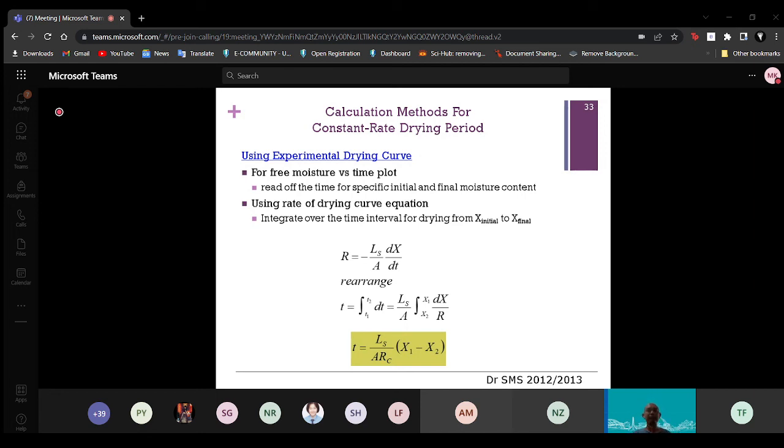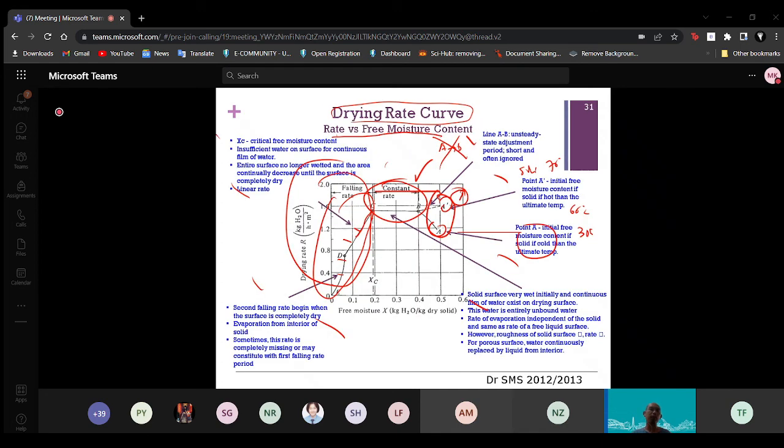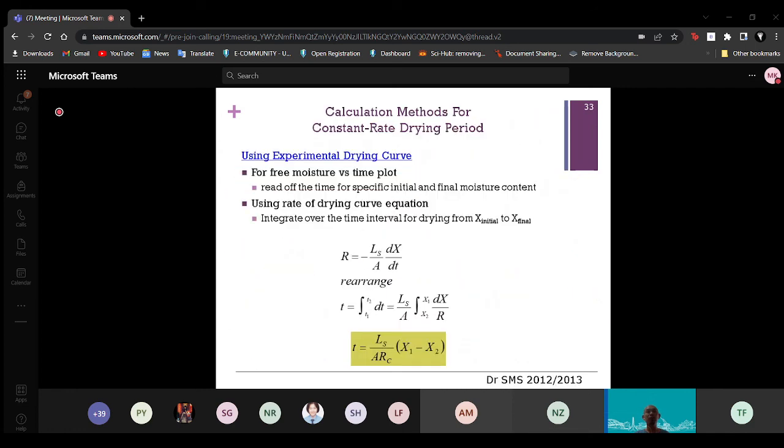Okay, so once we know all this, how to plot the graph, what the situation is, and what phase is involved, then you are good because you already know the fundamentals and the mechanism involved. You know that you have two kinds of phases, constant rate and falling rate, and later on we're going to go into how to calculate each of them.